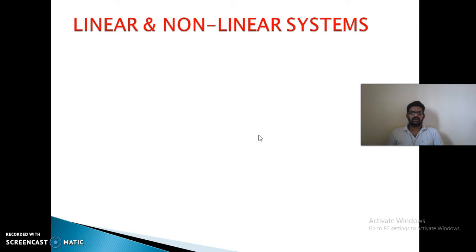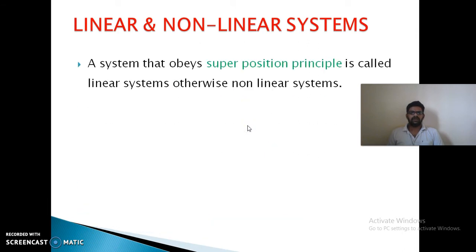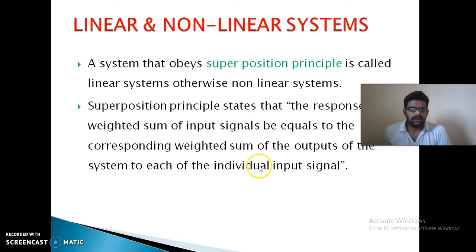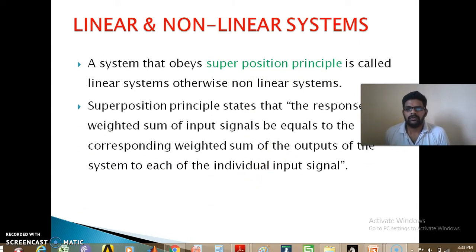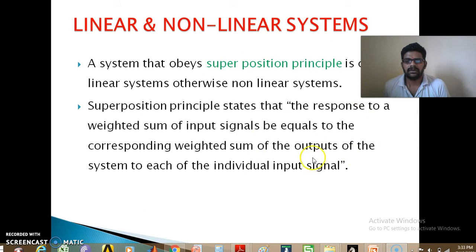Linear and non-linear systems. A system is said to be linear if it obeys the principle of superposition. Already we have discussed linear and non-linear systems in the first unit.